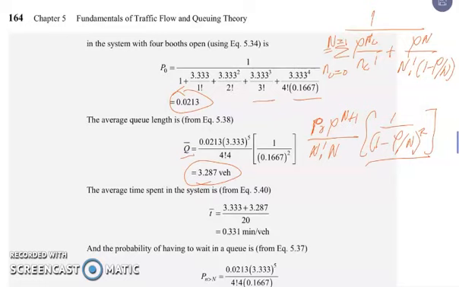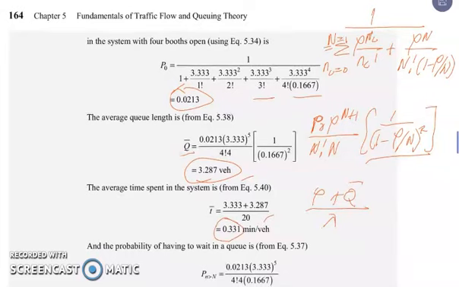Bar t is rho plus bar q all over lambda. So rho is 3.33 plus bar q, 3.287, all over lambda, which is the average arrival rate, 20. So we get a value of 0.331 minutes per vehicle.